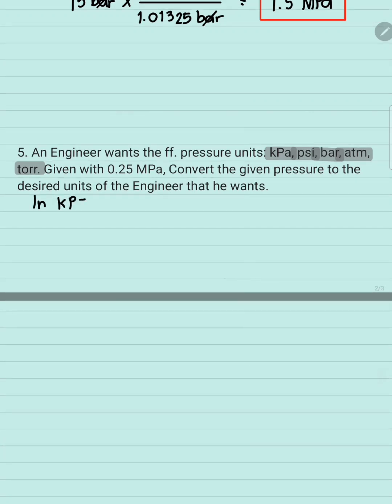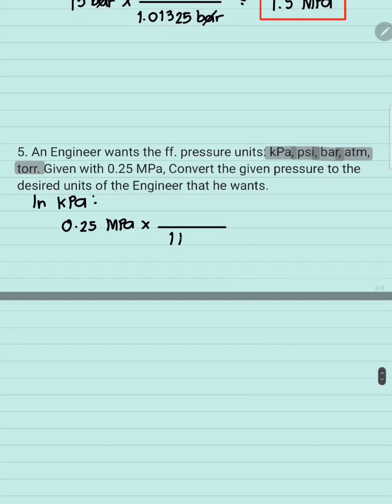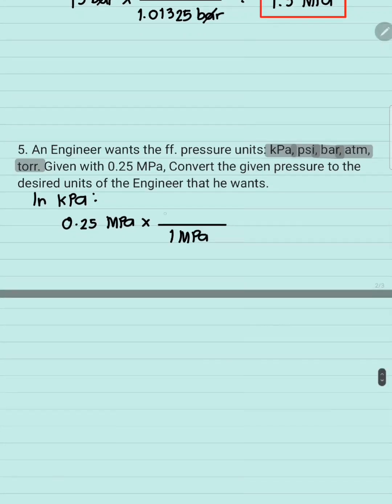We have 0.25 megapascal multiplied by, for every 1 megapascal, 1000 kilopascal.